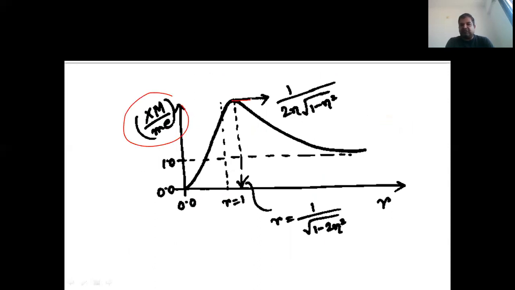This equation will give you the maximum value of DMF for a particular value of eta, and the value of r corresponding to it you can calculate from this equation. As I said, for this value r becomes maximum, which is on the rightward side of 1.